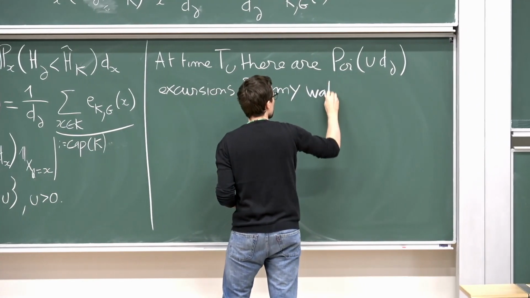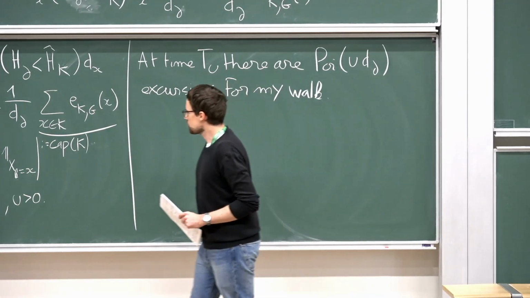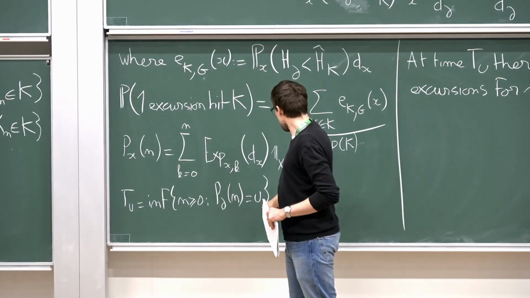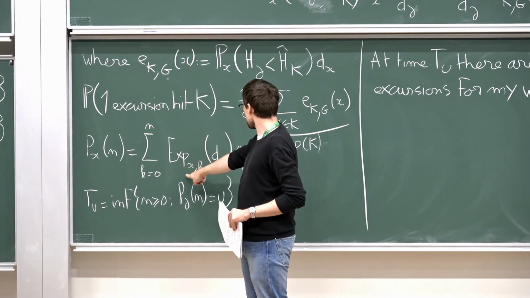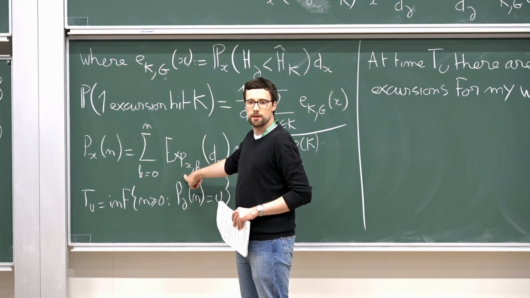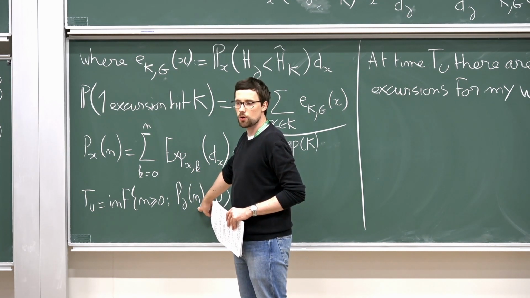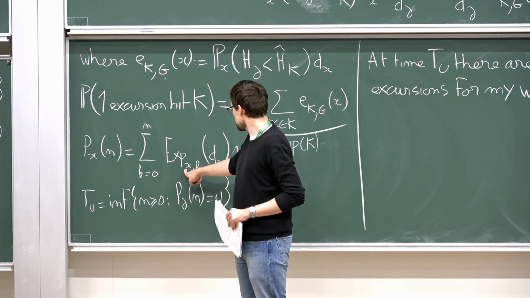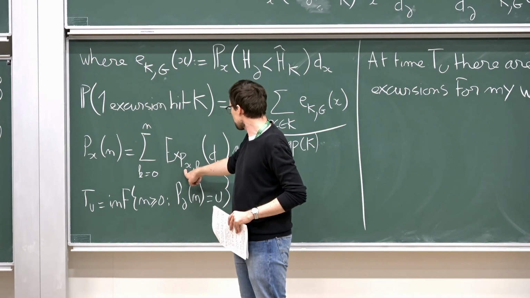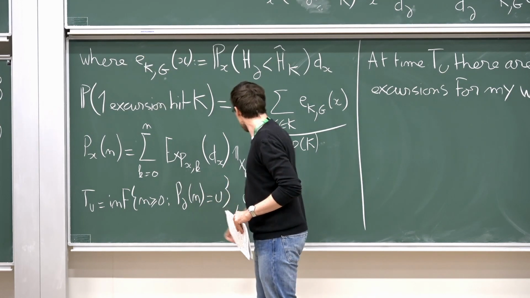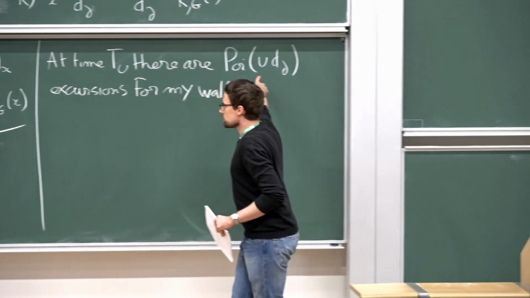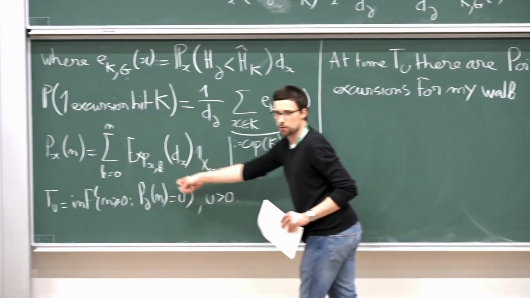My local time at the boundary point is just a sum of exponential random variables, and you're wondering when your sum of exponential random variables equals u. This is the usual Poisson process thing: the first time a sum of exponential random variables reaches a point is a Poisson random variable, and the parameter is u times the parameter of your exponential.